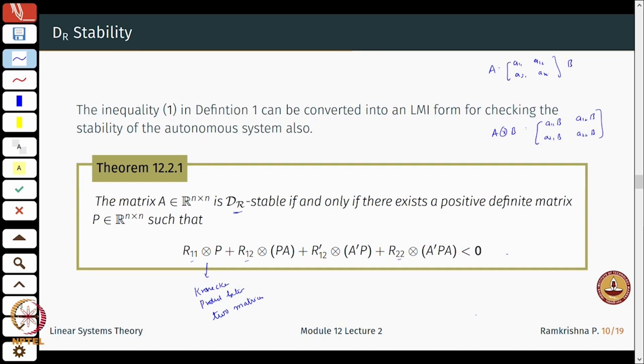Okay, so this is the LMI that we would be interested in solving. We can also formulate the problem for when the answer to this LMI is no. So for example, given an A, is it D_R stable?